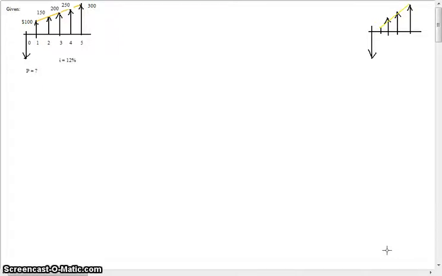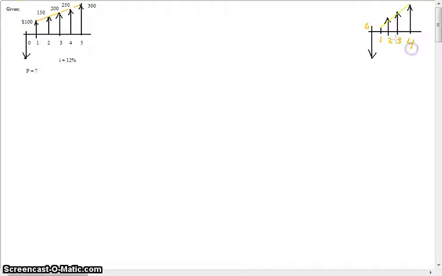And if you look in the front of your cover, you'll see that it looks very similar to the arithmetic gradient on the bottom of the cover page, except the problem is in year 0 we do not have a 0 value. If we look over here to the right of our screen, you'll see here's year 0, here's year 1, 2, 3, and 4.